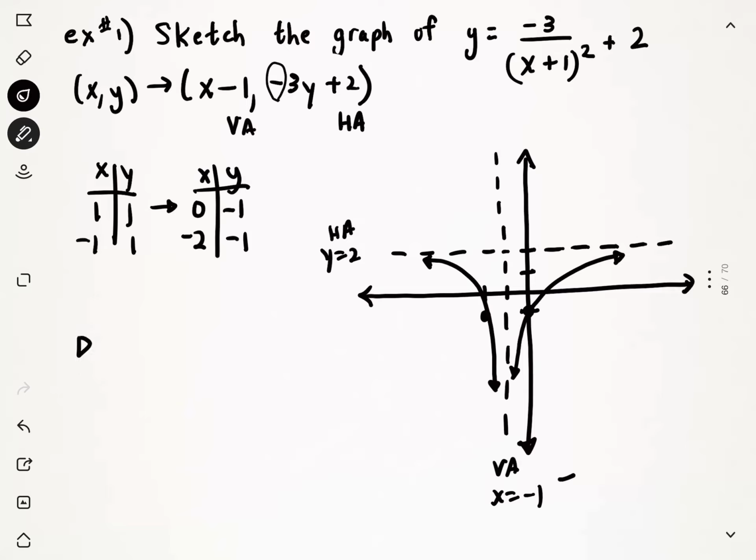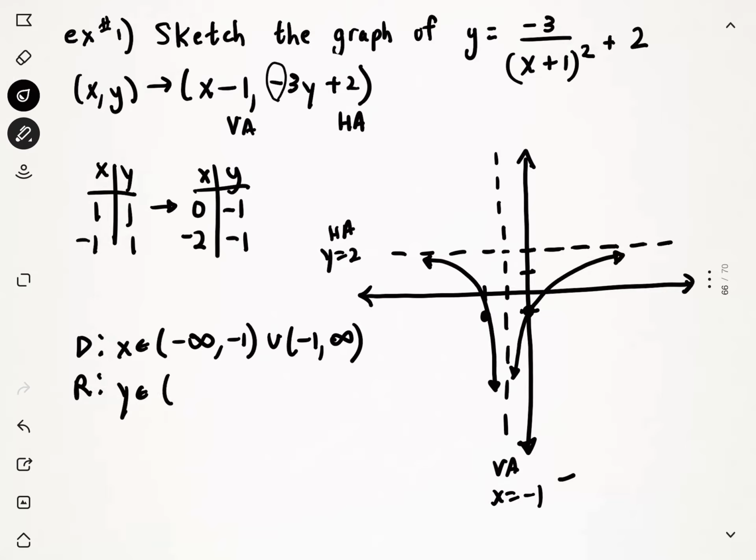And then, of course, we can do domain and range as well. Domain looks similar, okay? Every x value can be part of the domain except for the x value of -1. Now, the range looks a little bit different this time, because everything is going to be below the horizontal asymptote.